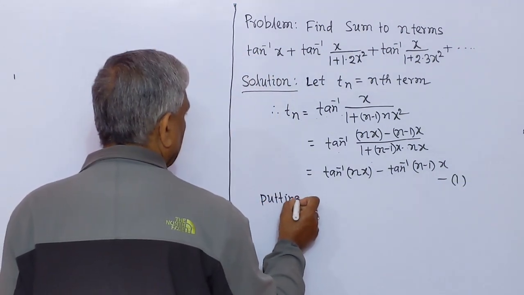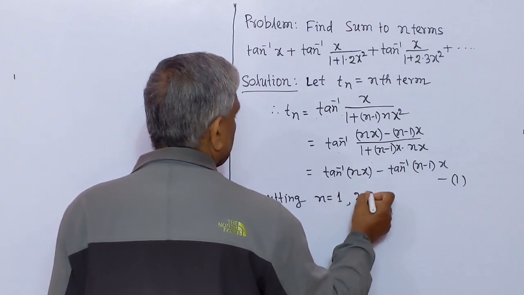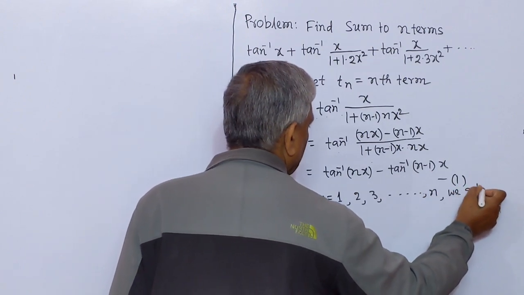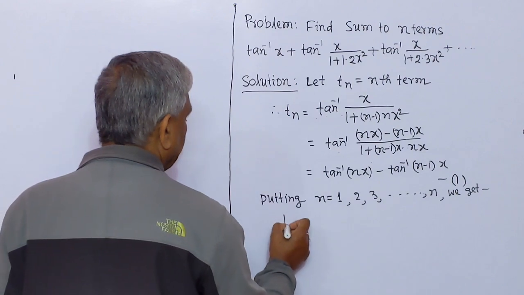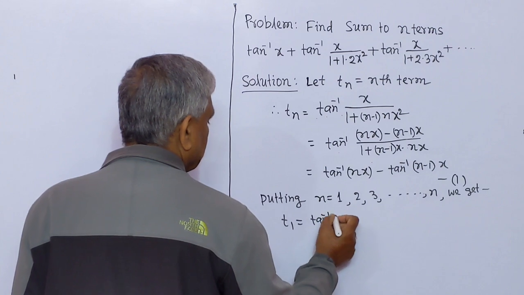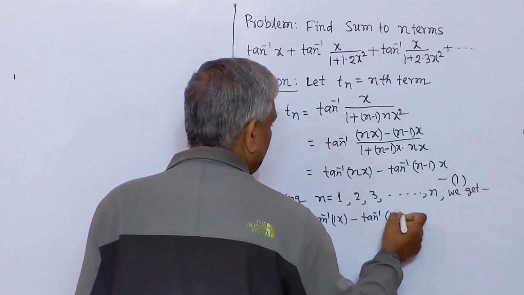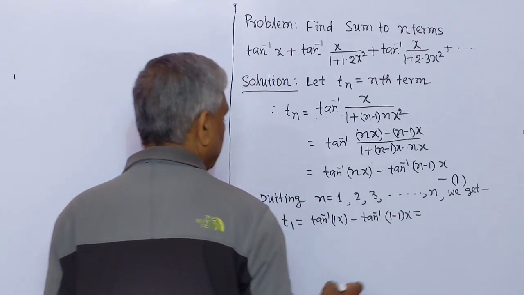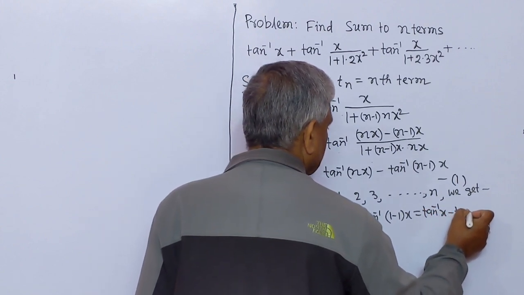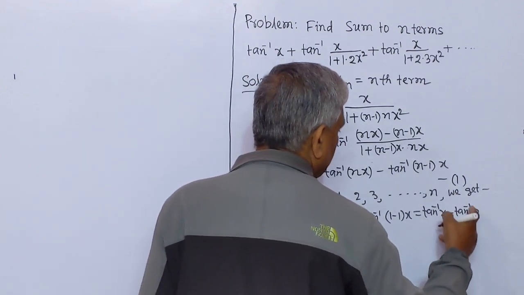Putting n equal to 1, 2, 3, dot, n, we get T1 equal to tan inverse 1x minus tan inverse 1 minus 1 x. This is equal to tan inverse x minus tan inverse 0. Tan inverse 0 is 0.